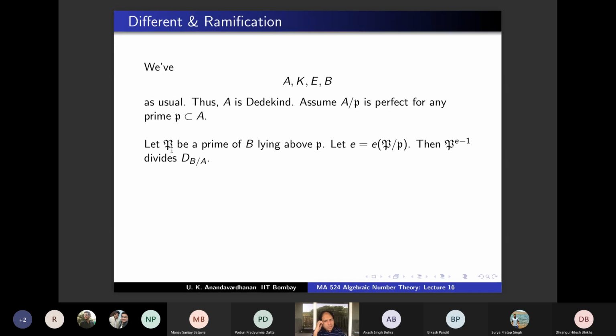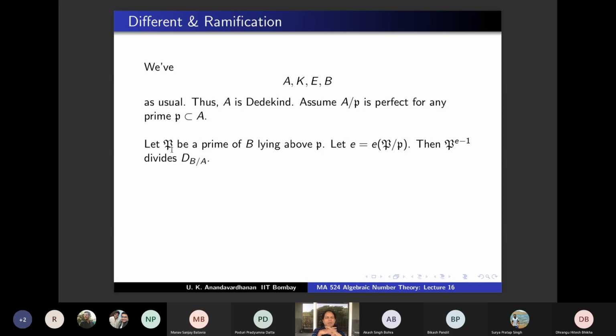Then the first claim is, so what is the different? The different is an ideal of B. It's a Dedekind domain, so everything can be written as a finite product of prime ideals.